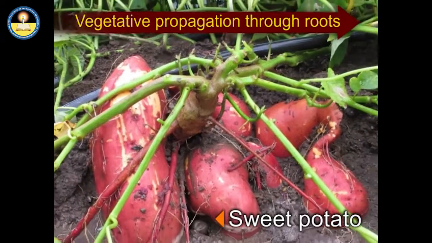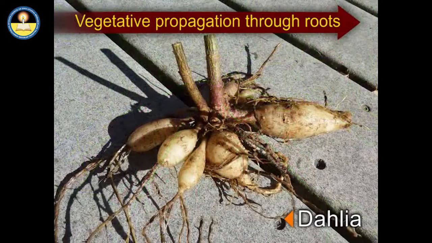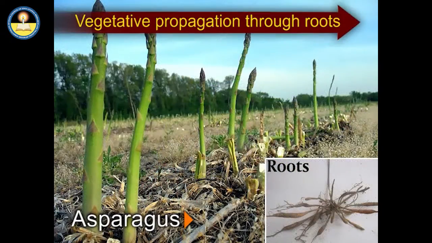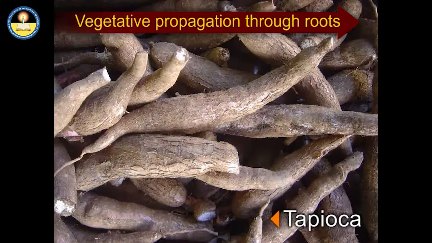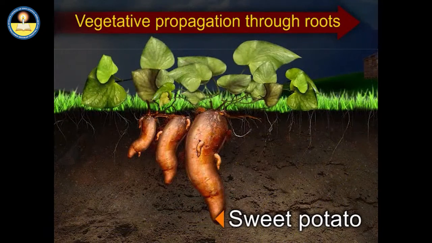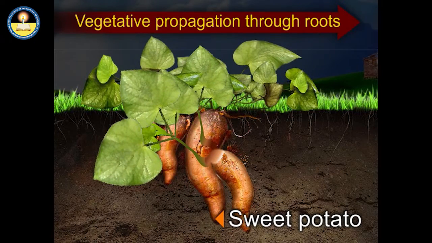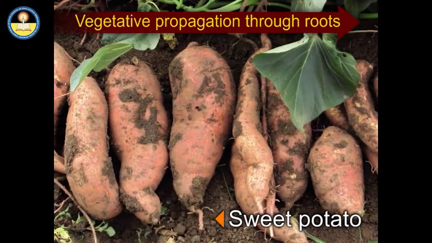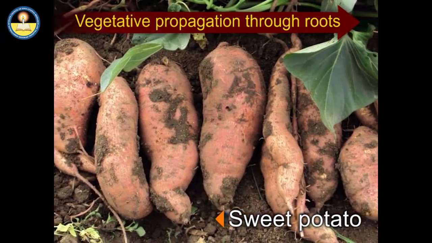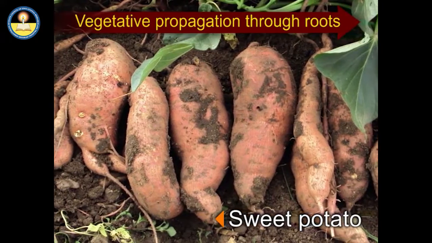These tuberous roots are also present in dahlia, asparagus, tapioca, etc. Apart from having stored food, the roots have buds also. On getting suitable environmental conditions, these buds start growing. The growing bud, when it gets detached from the parent plant, gives rise to new plants, thus performing the function of vegetative propagation.